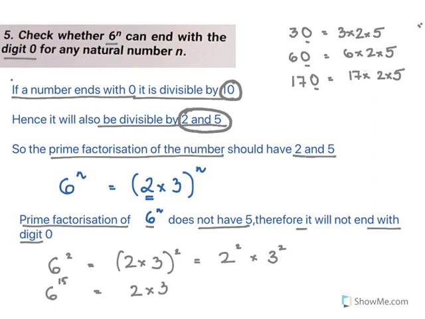It would be 2 into 3 raised to 15, which is 2 raised to 15 into 3 raised to 15. To end with 0, it needs at least one 2 and one 5, because that makes 10. It has a 2, it doesn't have a 5, so it cannot end with 0.